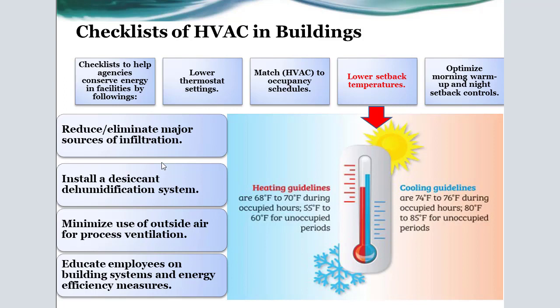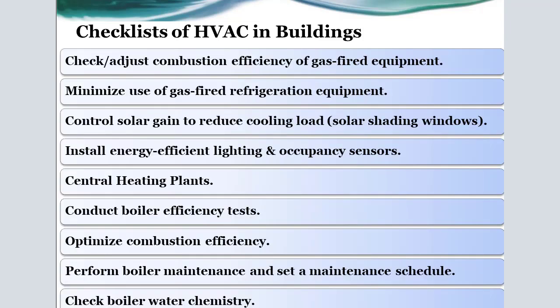It is also important to educate employees in the facility about these procedures in order to save energy and increase the energy measures. These checklists also include checking or adjusting combustion efficiency of gas-fired equipment, minimizing the use of gas-fired refrigeration equipment, and controlling the solar gain and its effect on reducing the cooling load inside the building.